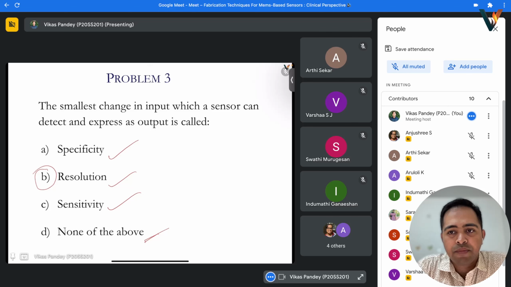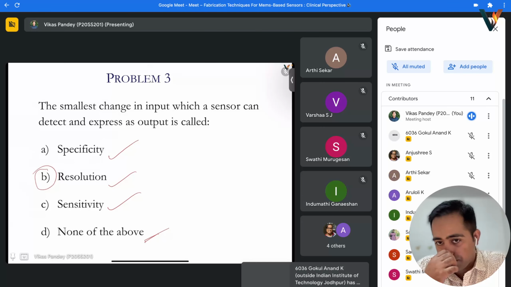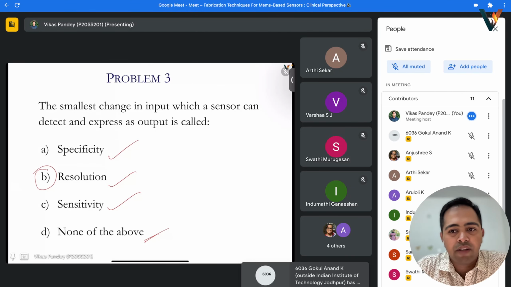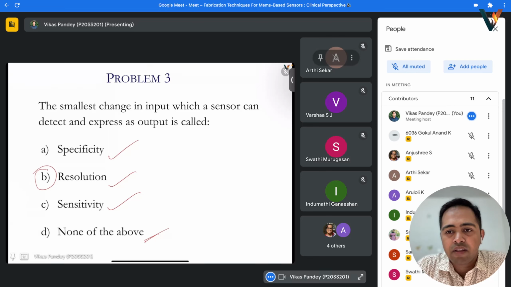Hello. You can unmute yourself one by one and speak up. What is your present educational level, so that I can understand what is the general audience. Okay. So two people, they are in second year. Fine. Anjusri, am I audible to you?